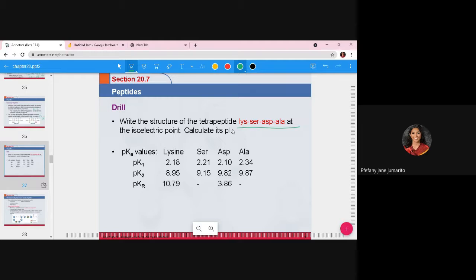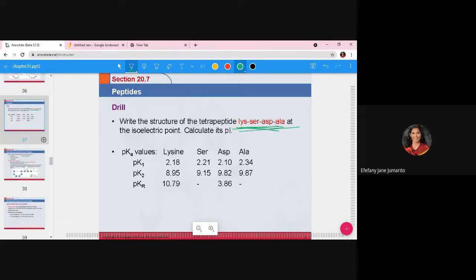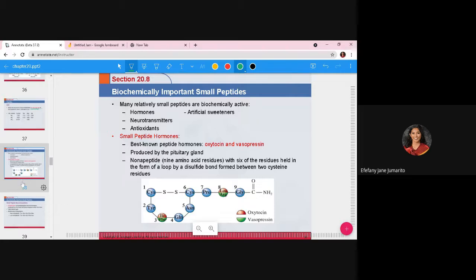Let's not answer this one. Okay, so it's a tetrapeptide.